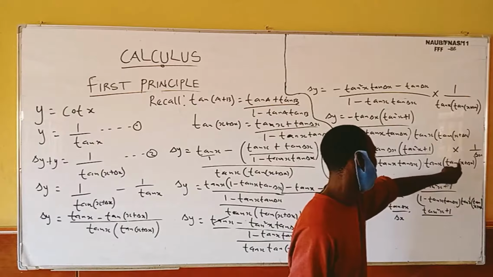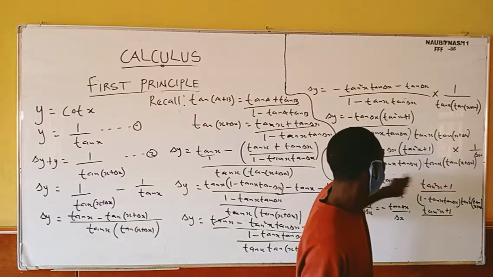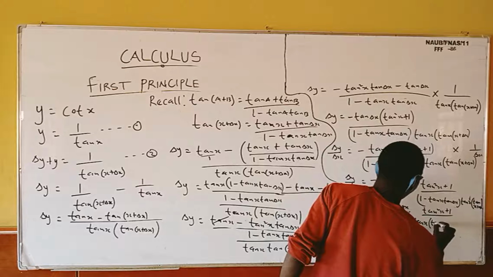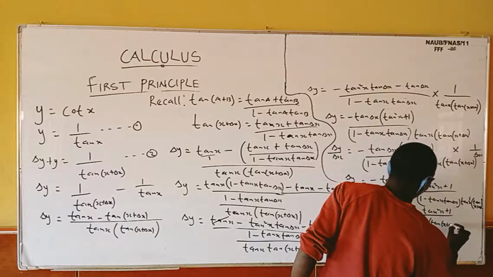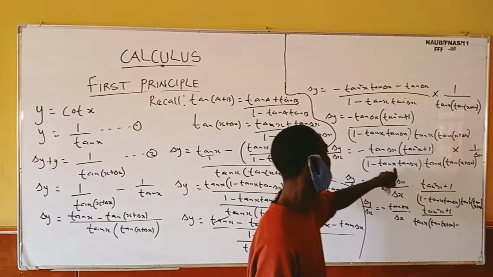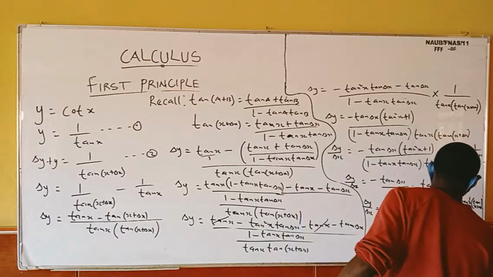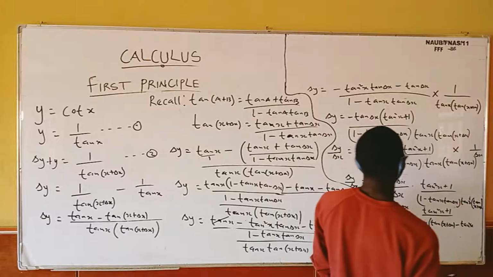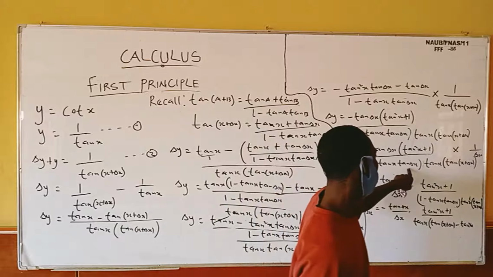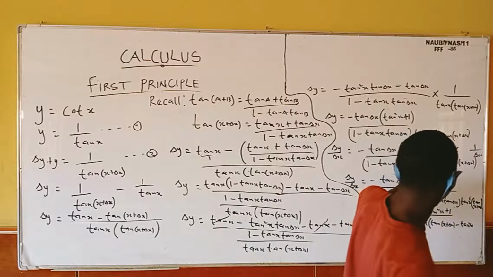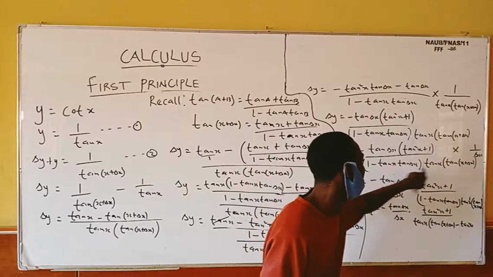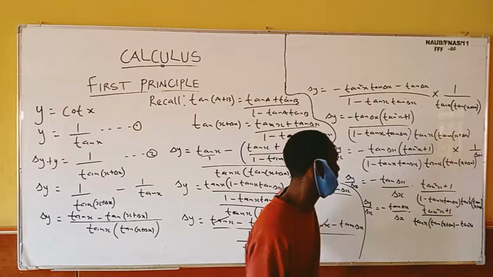So this multiplied by 1 is going to give me tan s into tan s plus change in s, minus this multiplied by this, which is going to give me tan square s tan change in s, then tan s times tan s is tan square s.